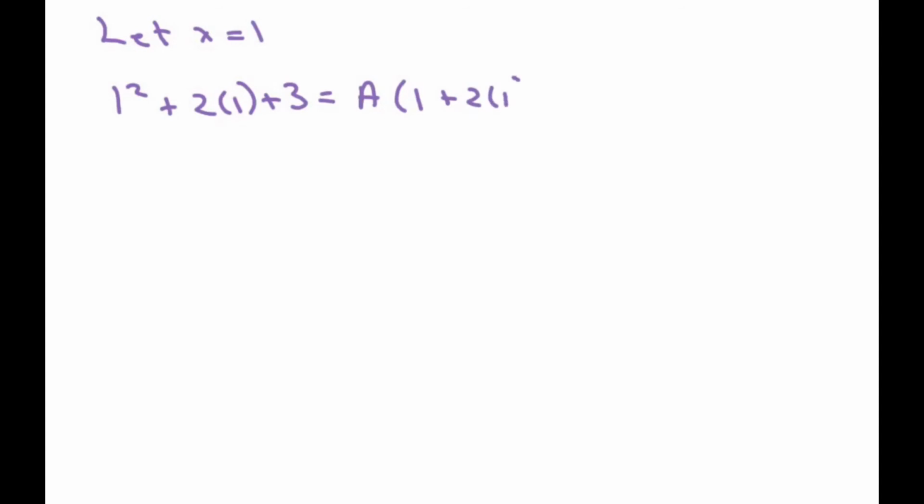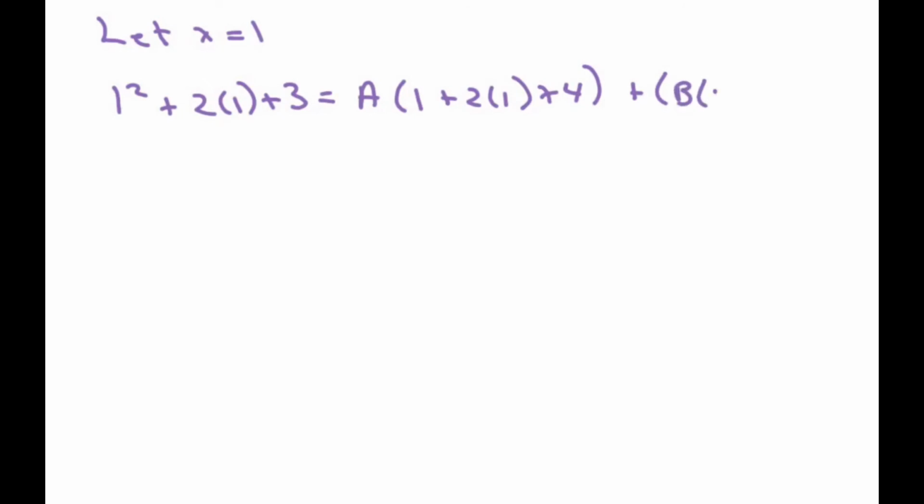So if we let x equal 1, we're going to let x equal 1 and plug that in. Always want to choose a small number or something that gives you a 1.